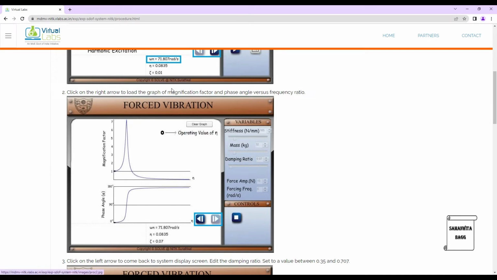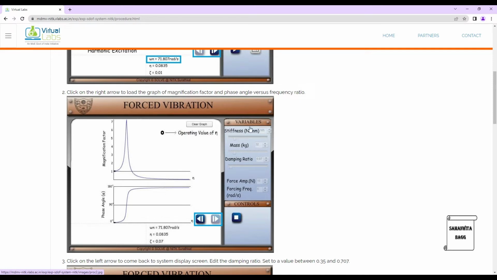If we click on that, we are going to get this graph of magnification factor and phase angle. This is the phase angle here, and we are calculating both of them versus frequency ratio, that was omega upon omega n, and we are indicating it in this experiment by using eta.